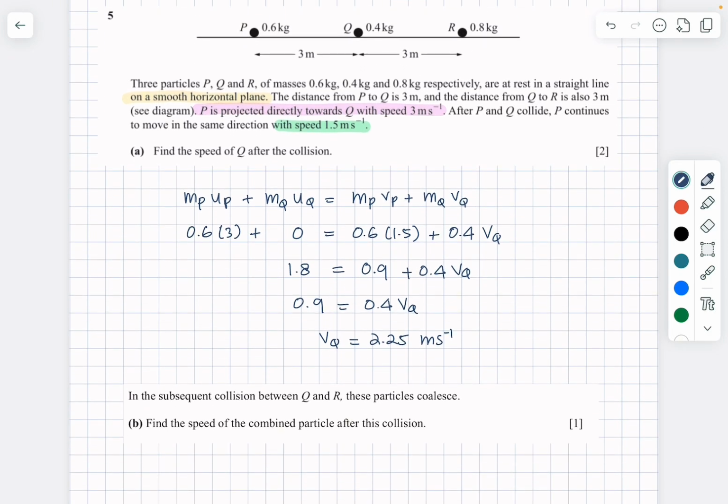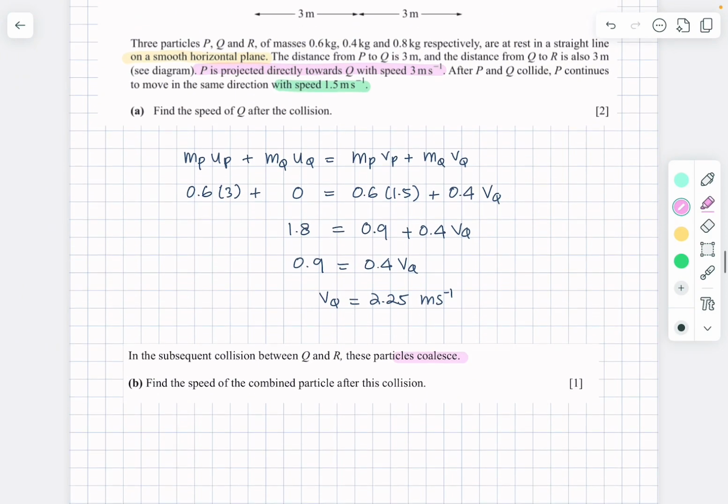In the subsequent collision between Q and R, these particles coalesce. Coalesce means after the collision, the particles stick together. Now find the speed of the combined particle after this collision. Same method.